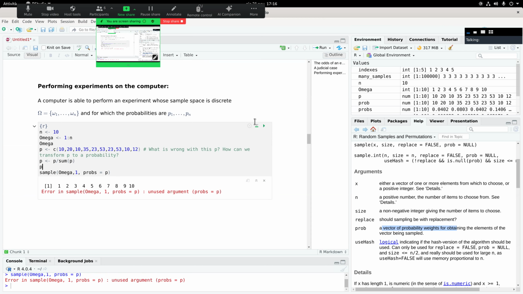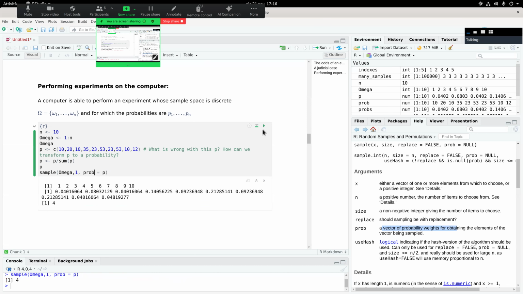Sorry, probs is without the s. Now this is the vector of probabilities and the sum of it is 1.